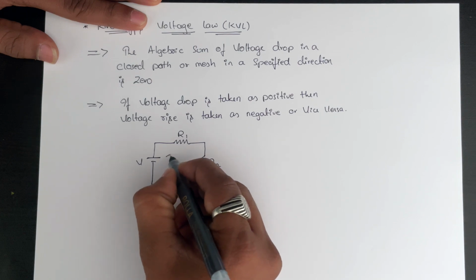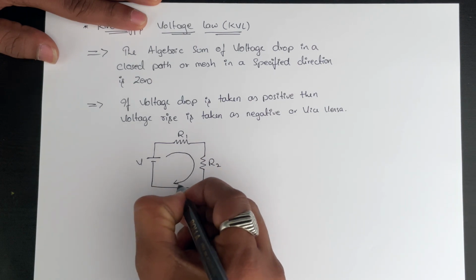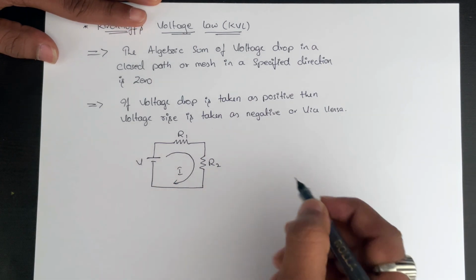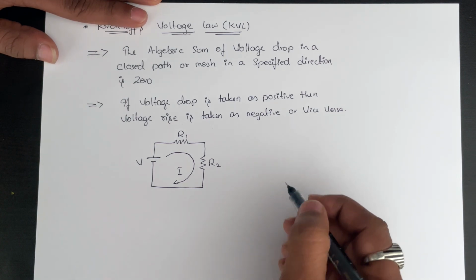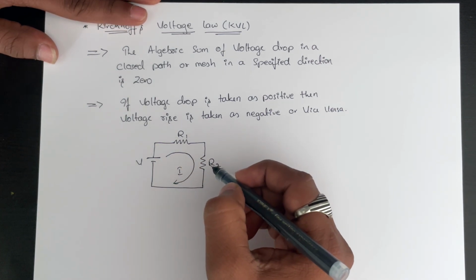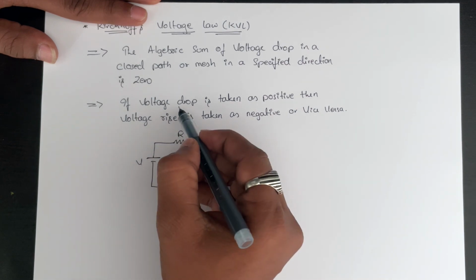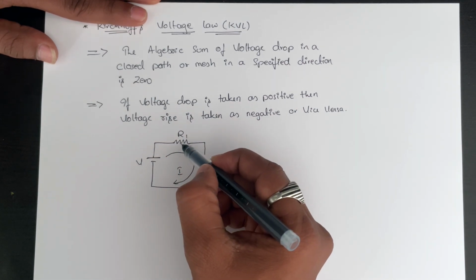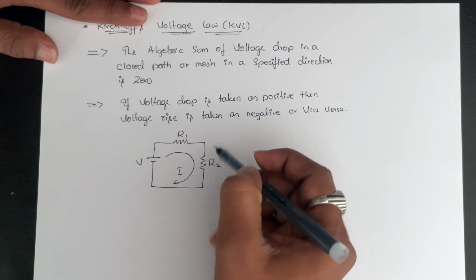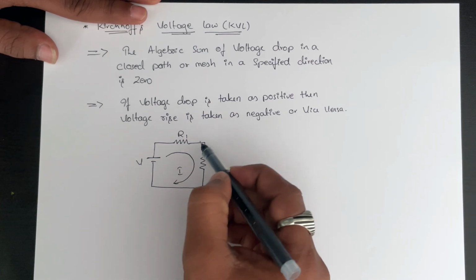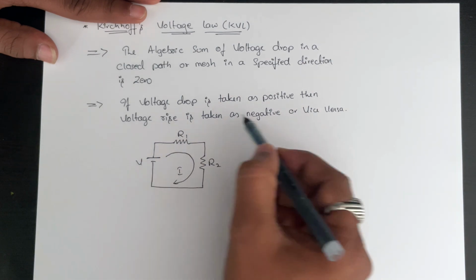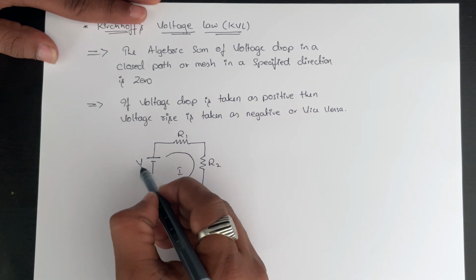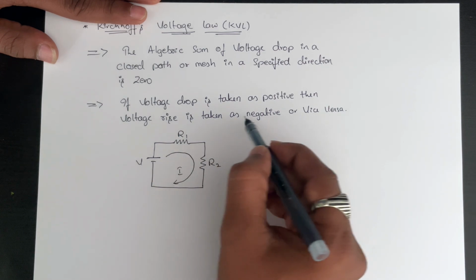Let the current flowing in this network be I. In this case, voltage drops are nothing but the resistances where the voltage is dropping, R1 and R2. If we are going to take these voltages as positive, then the voltage rise, that's the supply voltage, the active element, will be taken as negative.